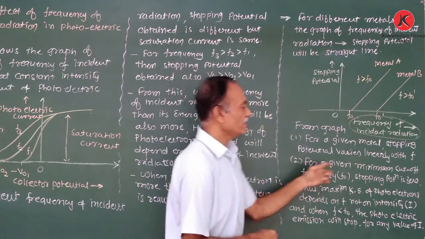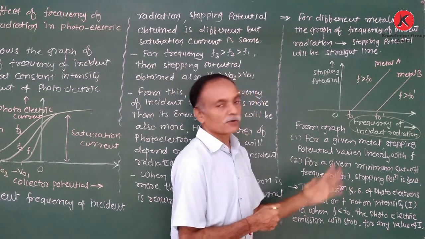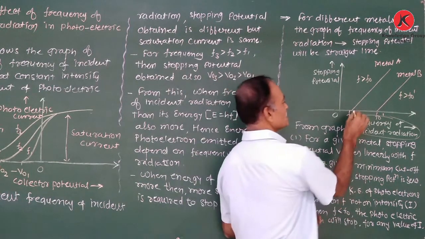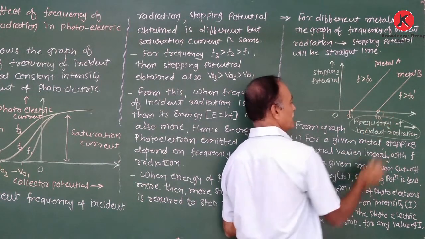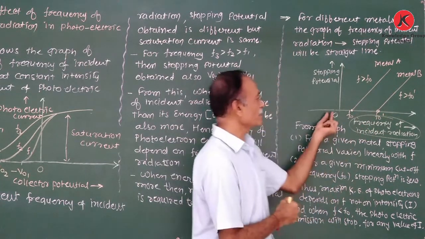Second, for a given minimum cutoff frequency F0, that means at the threshold frequency, the stopping potential is 0. If the frequency of incident radiation is F0 for metal A and F0 dash for metal B, the stopping potential is 0.